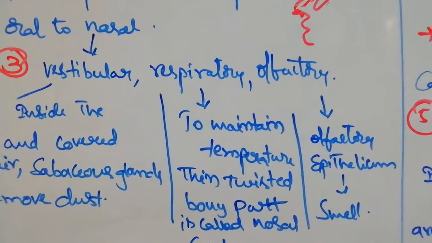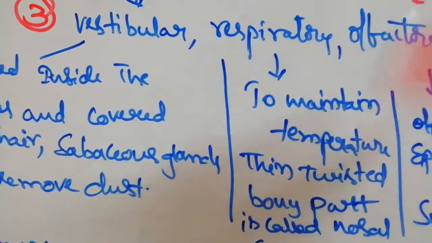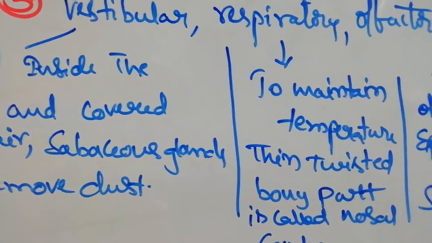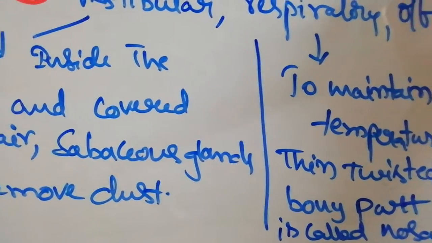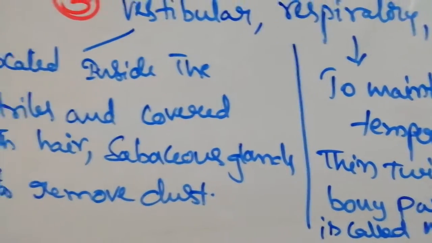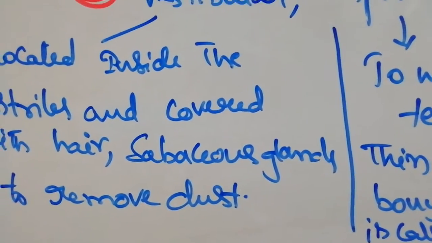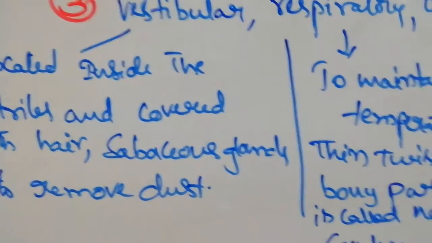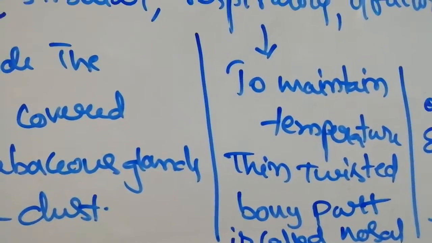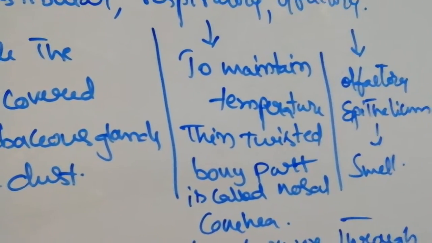And the vestibular part consists of hair and mucus, which remove the dust. When air is entering, it contains hair and mucus, and sebaceous glands are present, which produce the mucus to remove the dust. So olfactory is helpful for knowing the smell.